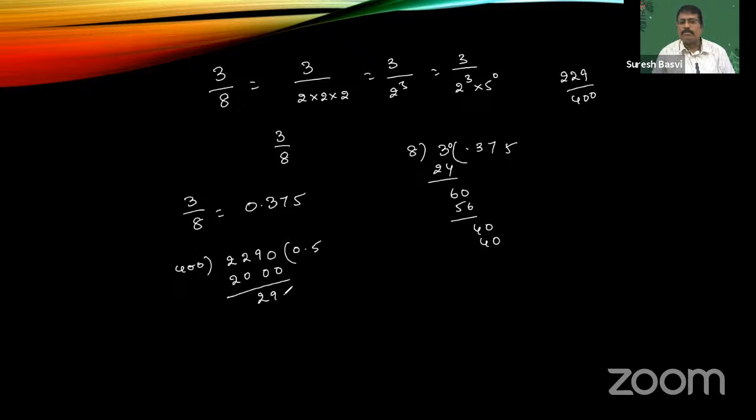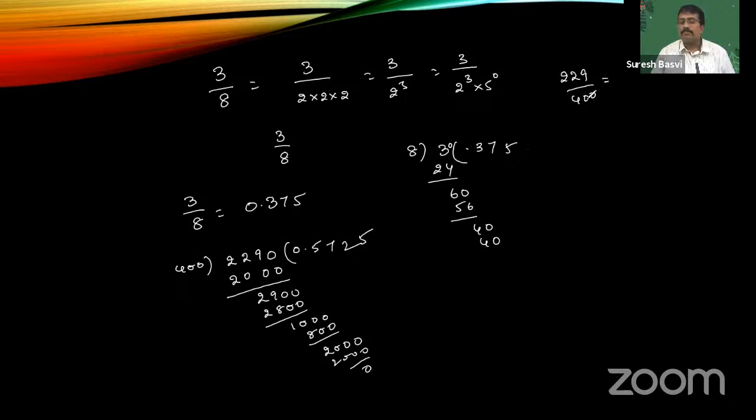What is the remainder? 290. Again 0. So 7 4s are 28. 1000 is there. 400 2s are 800, and 200 is there. 0. 400 5s are 2000. So the remainder is 0. It is going to terminate.